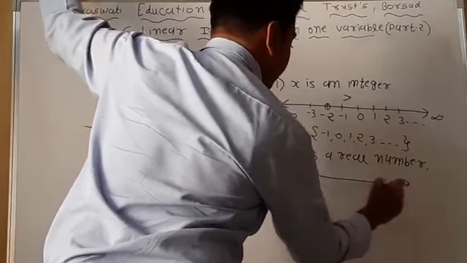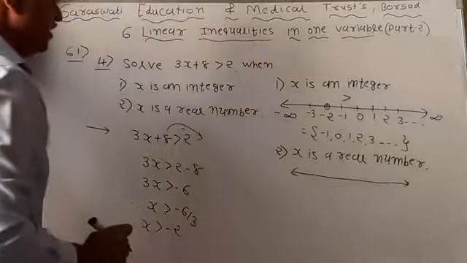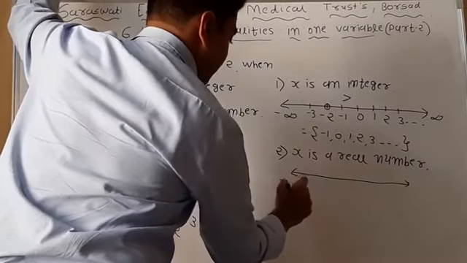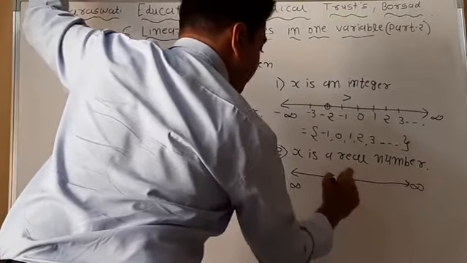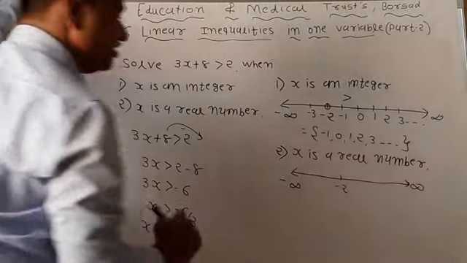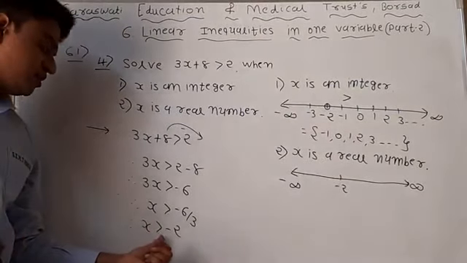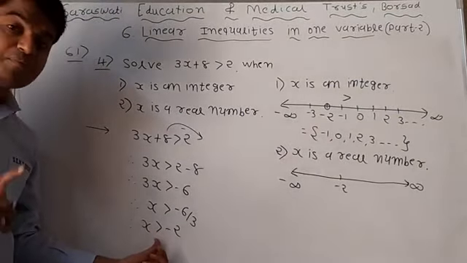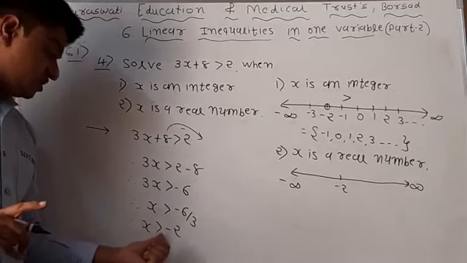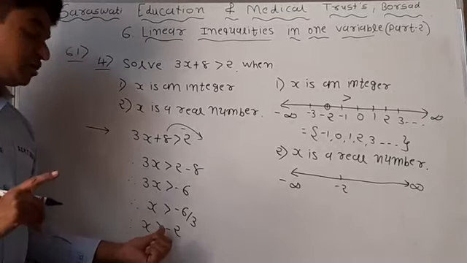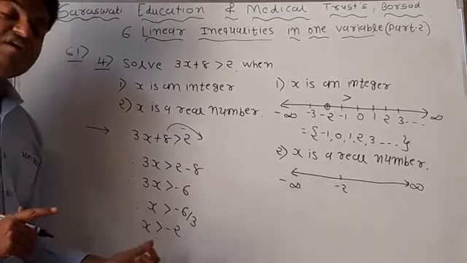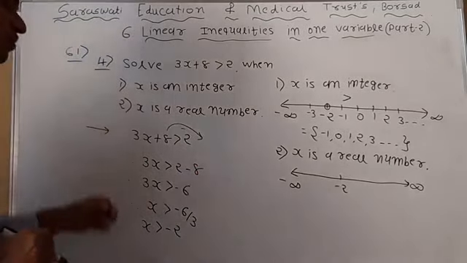Now represent it on the number line. Suppose here minus infinity, here infinity, and minus 2 is here. Strictly greater form is present, so we must write strictly greater than, and that's why we write an open interval.